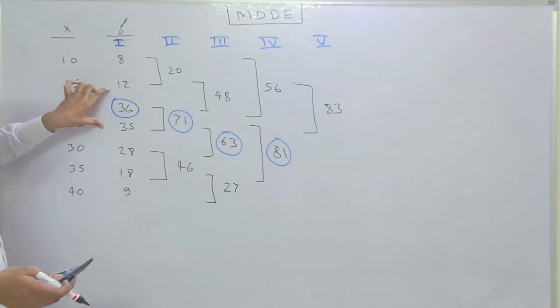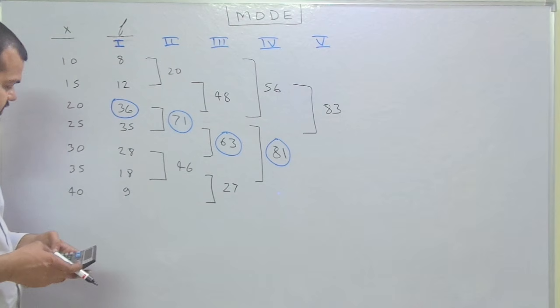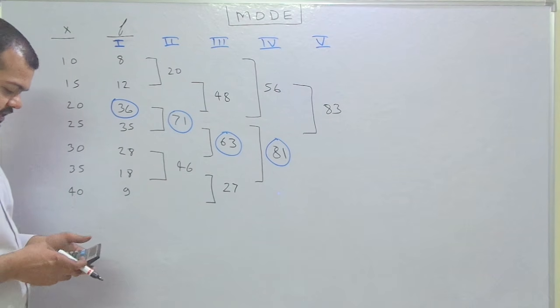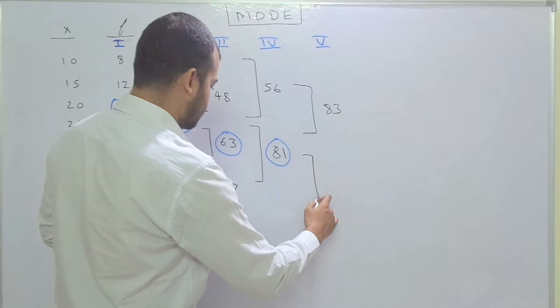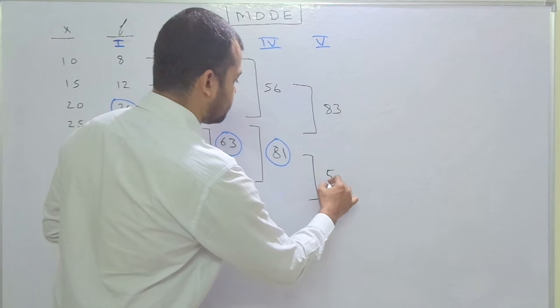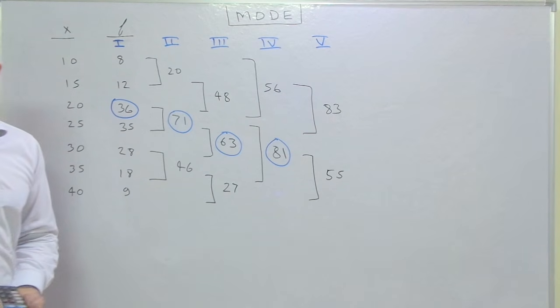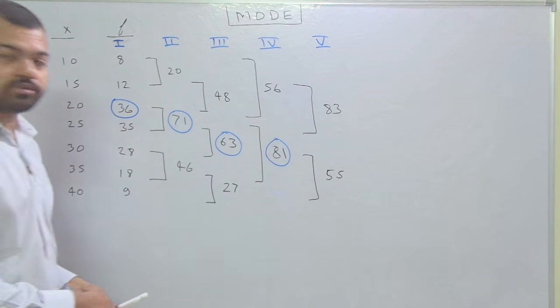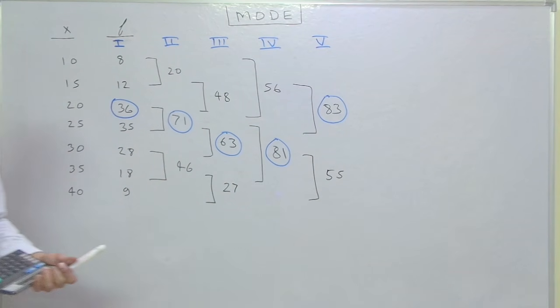After these three, the last three, 28, 18 and 9, give 55. Now we mark the highest value in this fifth column, so we encircle 83 as the highest value.